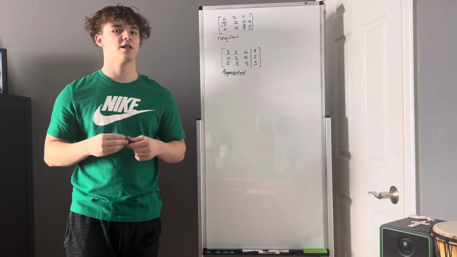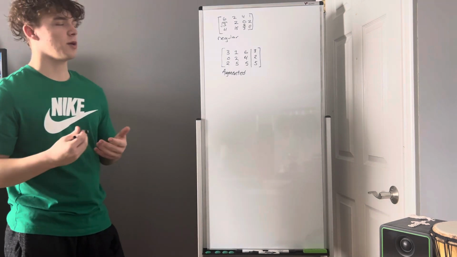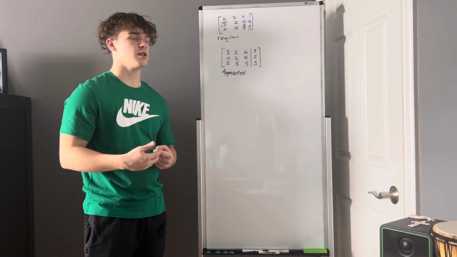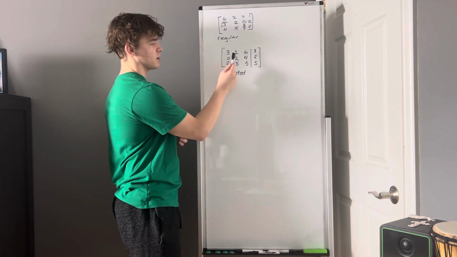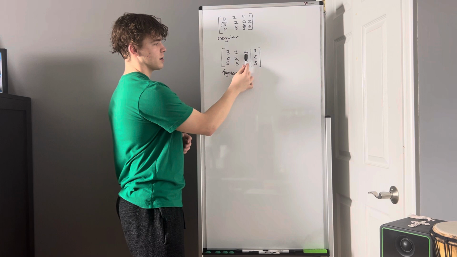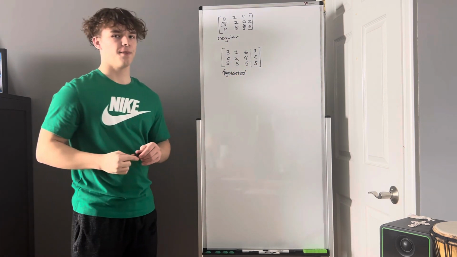Basically, what this gives us is it can be commonly thought about as a system of equations. For example, this could be 3x plus y plus 6z equals 3, and the same for every row.